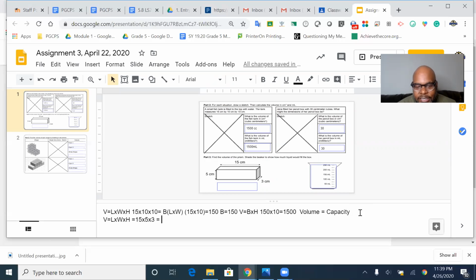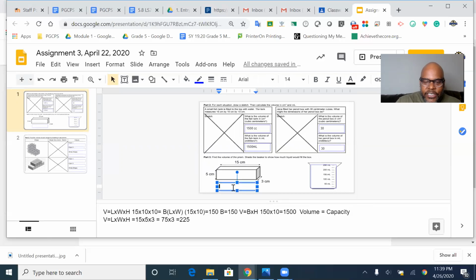Well, 15 times 5 is what? Do y'all know? 15 times 5 is 75 times 3. 75 times 3 then becomes 225. So that means this answer is 225 cubic centimeters.